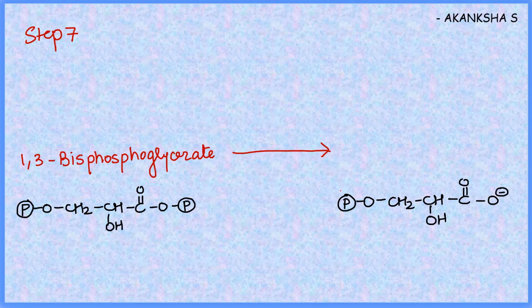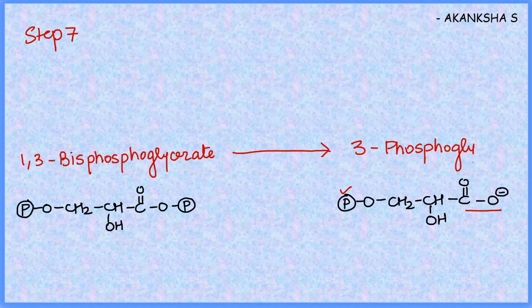We have only one phosphate over here now, right? Meaning one phosphate has been released. Okay. And what is left? Our acidic formation, right? So only the 3rd carbon now has phosphate with it. So we are left with 3-phosphoglycerate.